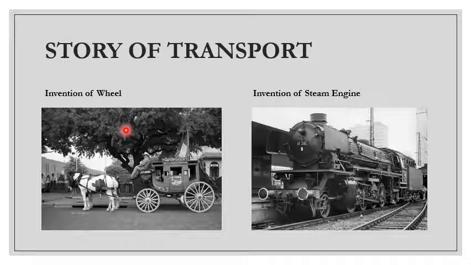This is one of the most important things which occurred after a long time. The invention of the wheel made a great impact, and it made people travel from one place to another place in a much easier way. So it actually reduced their time.